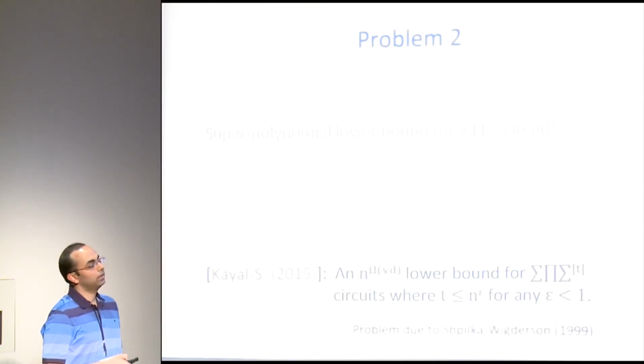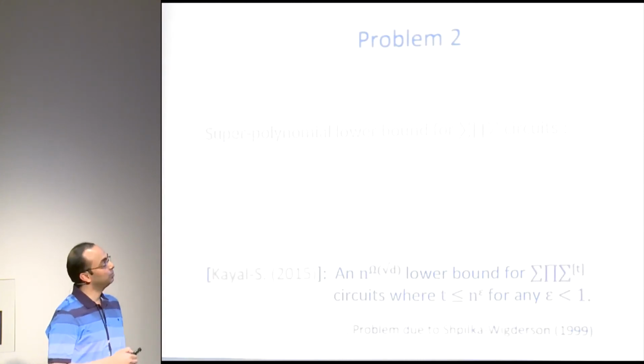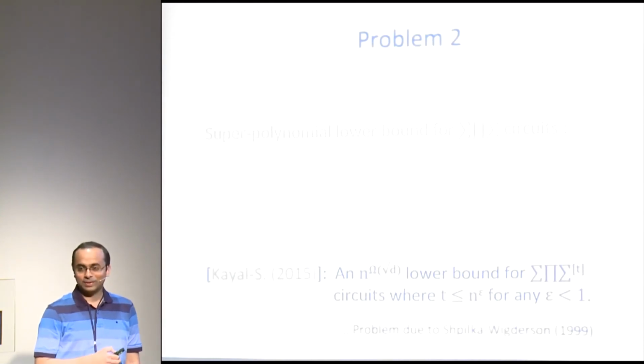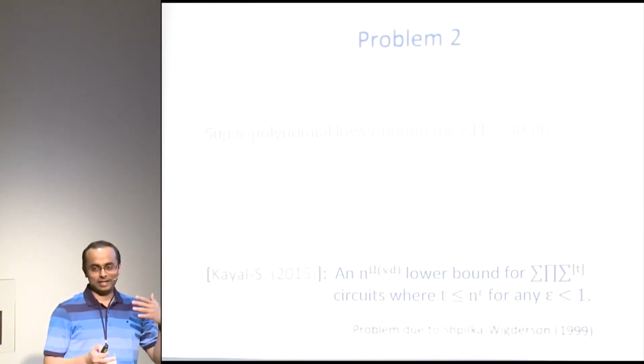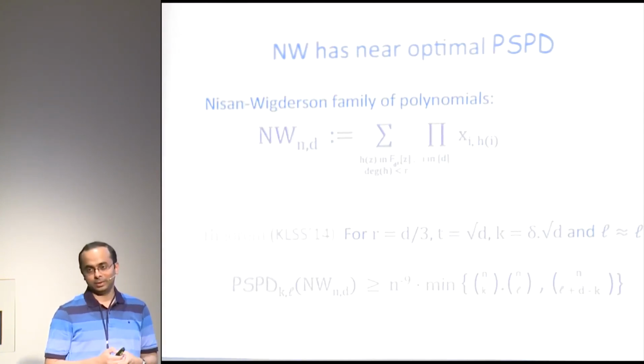Another, pressing question right now is to prove a lower bound for depth 3 circuits in general. It's a bit embarrassing because we have so many models, and depth 3 is the first non-trivial model without any assumption, yet we don't have any super polynomial lower bound.